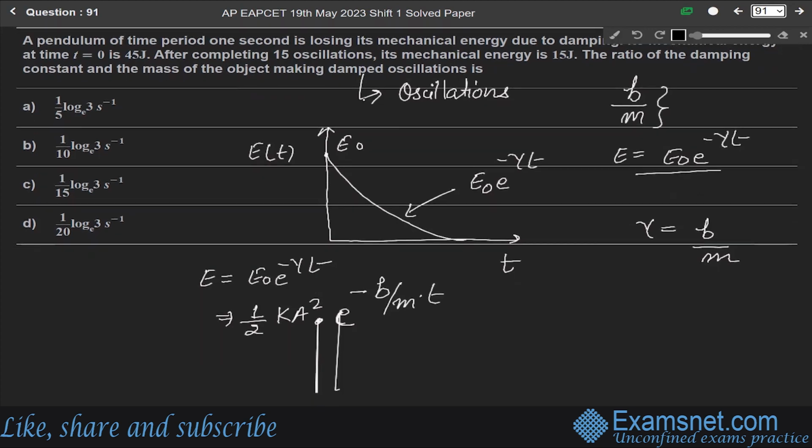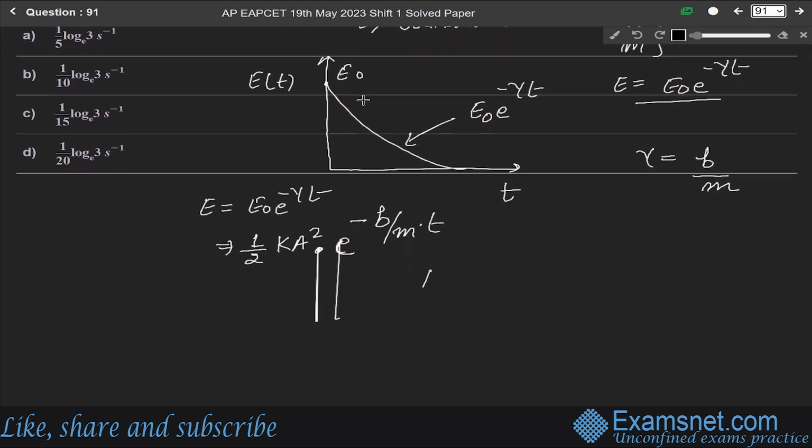From the question, we are given that at t equals 0 second, the energy E is 45 joule, and when time t equals 15 second, the energy is 15 joule.